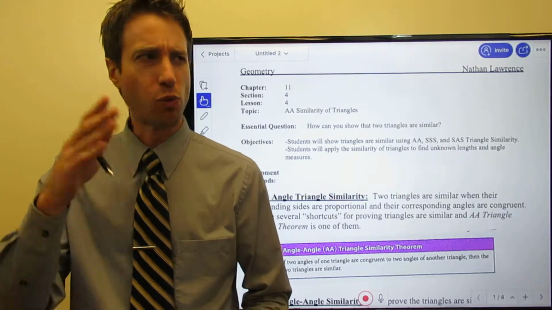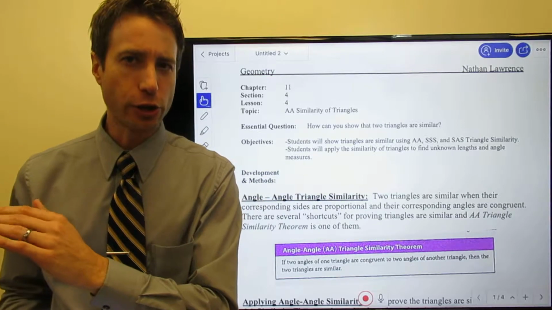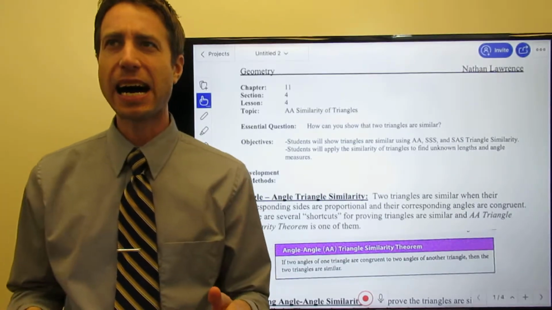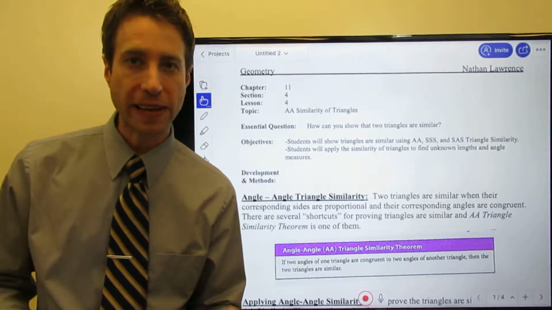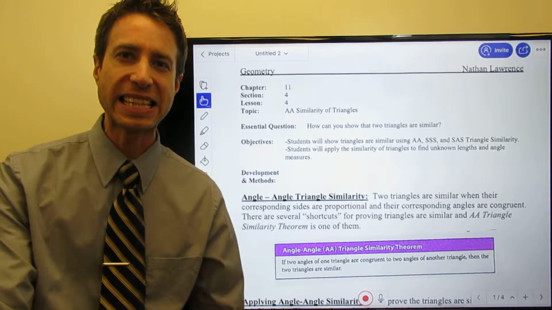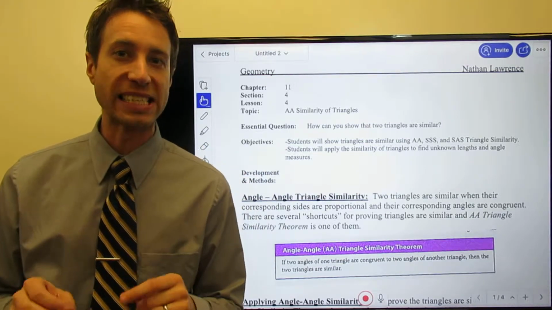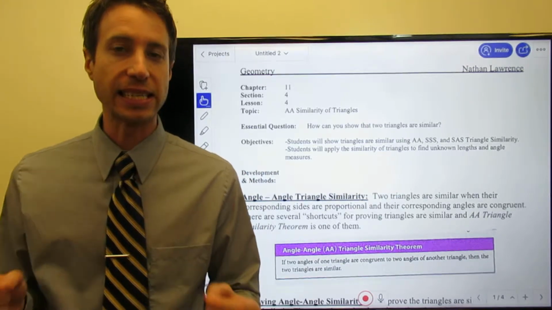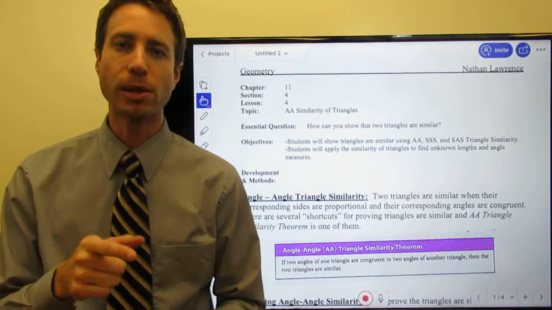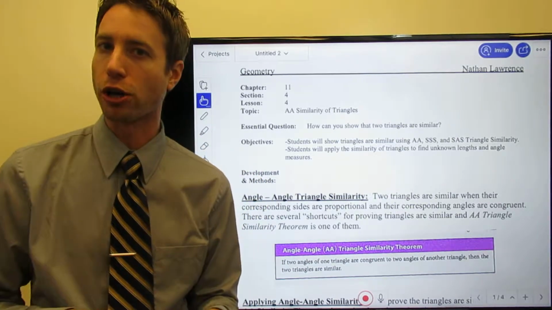Well, let me run you back to a previous chapter. Earlier here in geometry, we did some work with proving that triangles were congruent. And when we did that section on triangle congruence, we talked about a theorem known as CPCTC, which simply means that corresponding parts of congruent triangles are congruent.